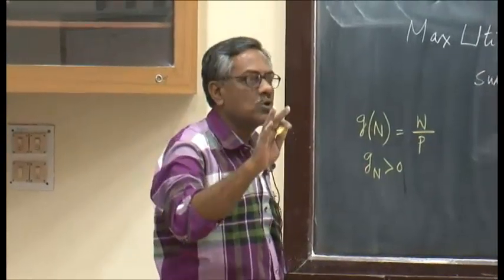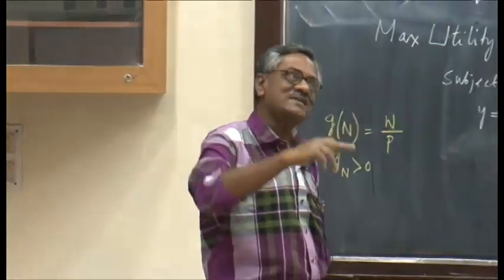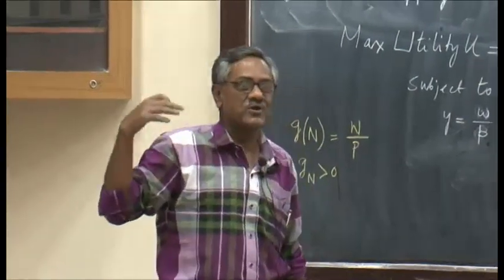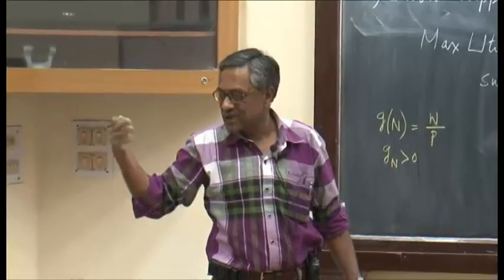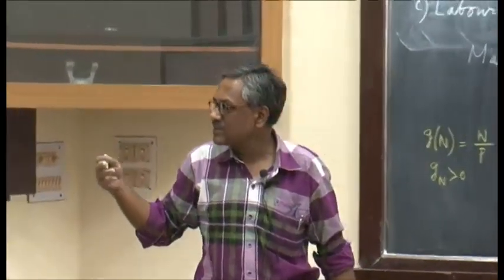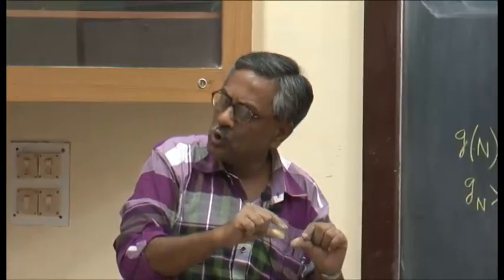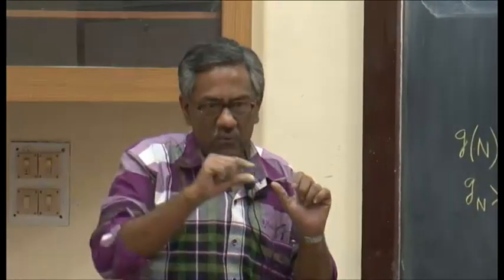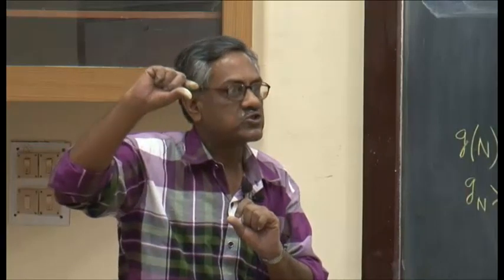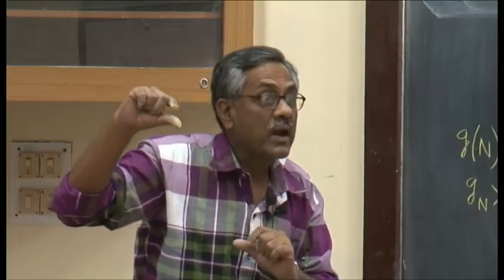I don't need to work 12 hours. So as W over P increases, I go back to enjoying more leisure and working fewer hours. So the labor supply function may become perverted after a point of W over P increasing. If you have a spectrum of W over P from very low to very high, somewhere in between the relationship switches and becomes a different one.